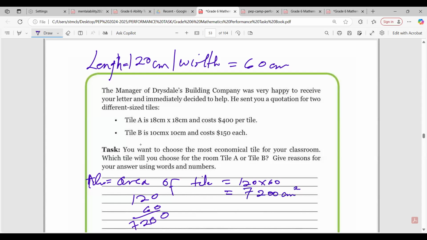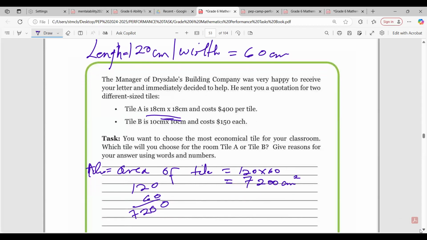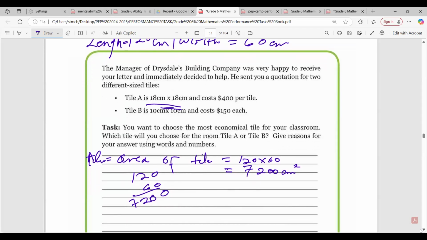So to determine how many tiles are needed, this is what you're going to do. For the big tile, it will need fewer tiles because it has a larger area, so it's going to cover more. So what we're going to do now is multiply 18 by 18 to get the area of the big tile, and then we divide by this to see how many tiles are needed.